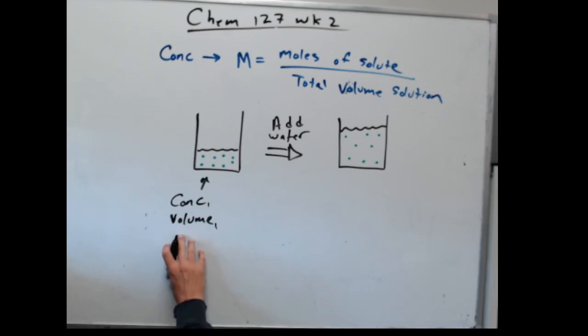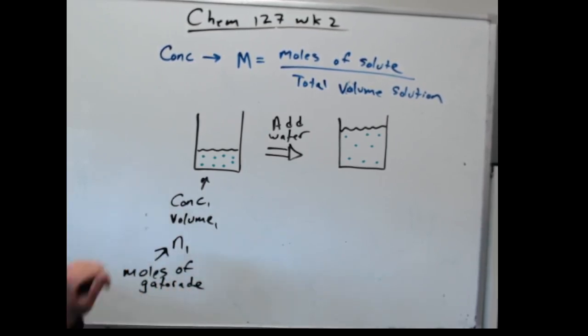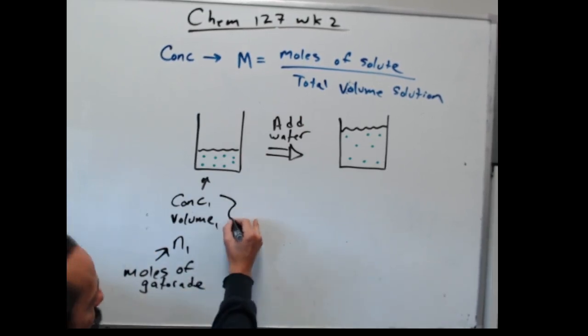Now I'm going to add one more thing here. So I've got my concentration, my volume, and my number of moles, my moles of Gatorade. These three things relate to each other.